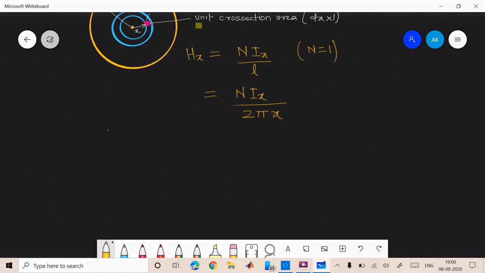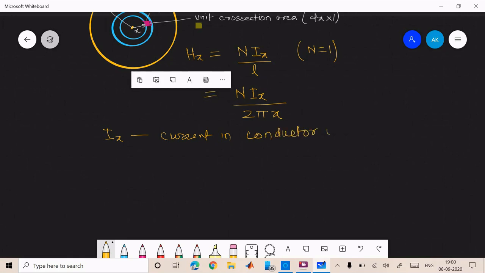How we will define Ix here? Ix is the current in the conductor up to distance x.